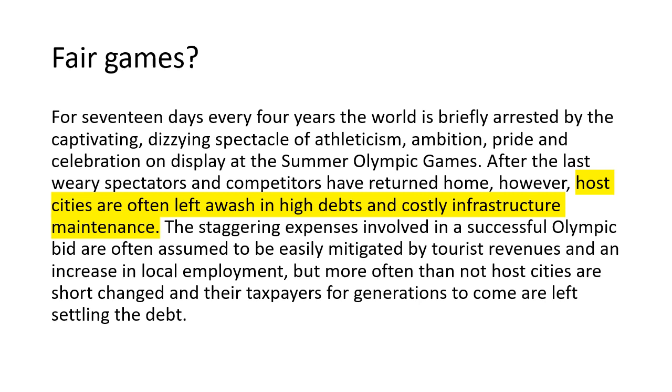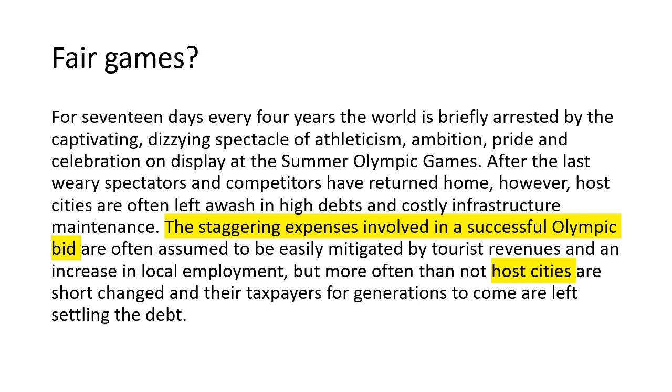The third sentence is a compound sentence. The subject of its first clause is the staggering expenses involved in the successful Olympic bid. Even if the word bid is in it, we cannot understand it to mean bids to become a host city.